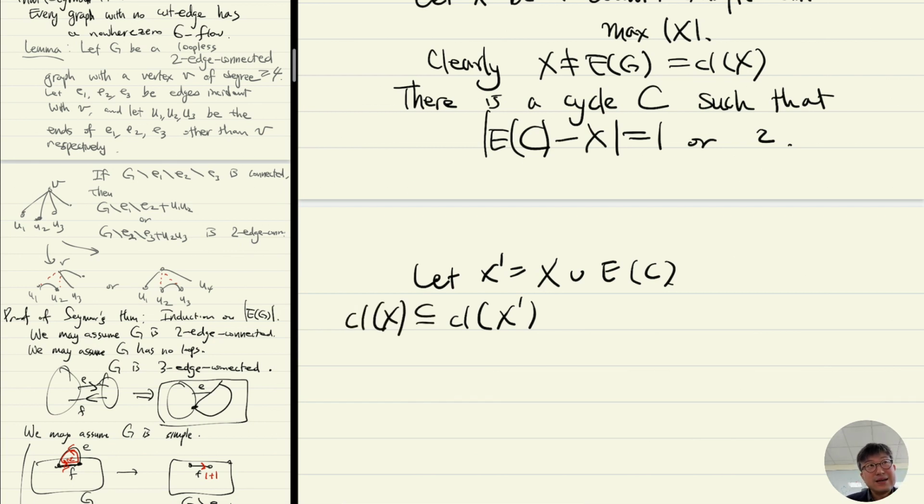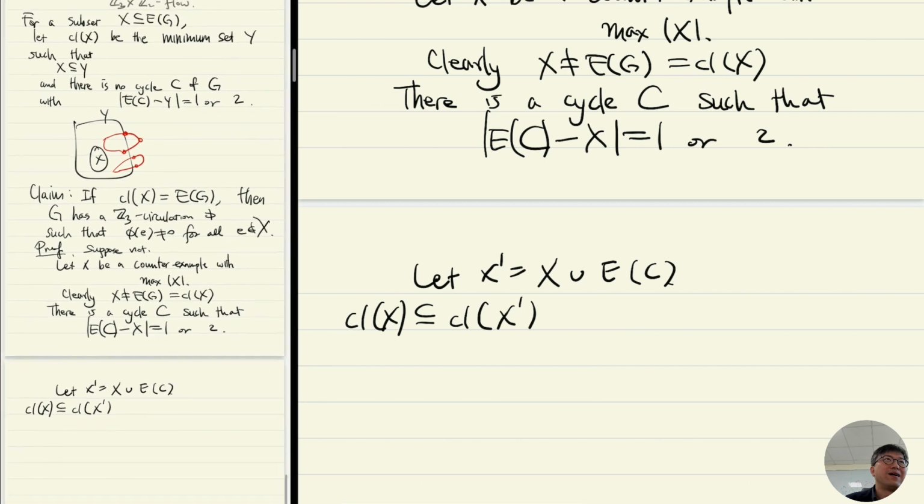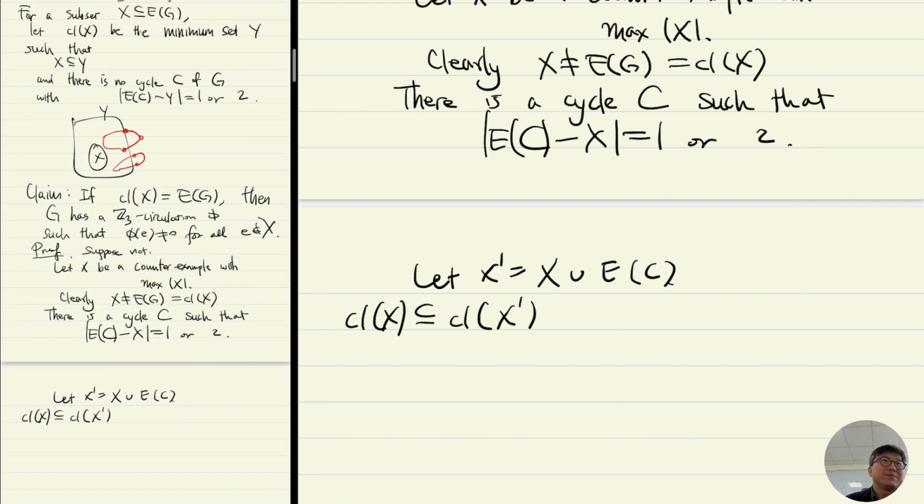Because if you look at the definition of closure, it's a minimum set Y containing X with a certain property. And now I'm asking for a minimum set Y containing X prime. X prime is a superset of X, so it should be harder. But the closure of X was E(G), so therefore the closure of X prime is E(G).